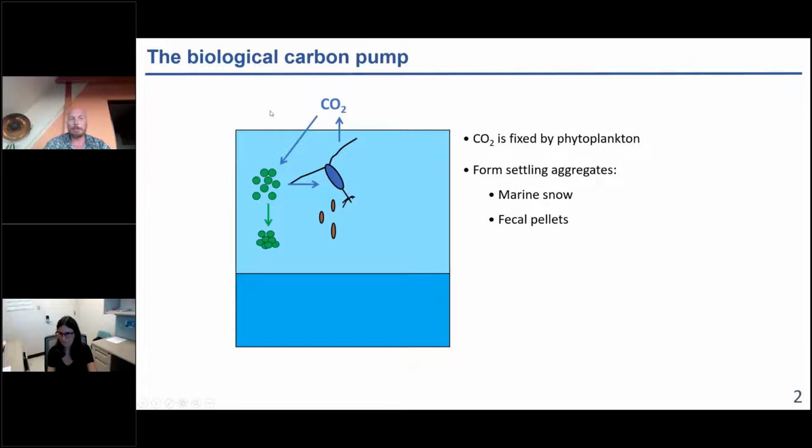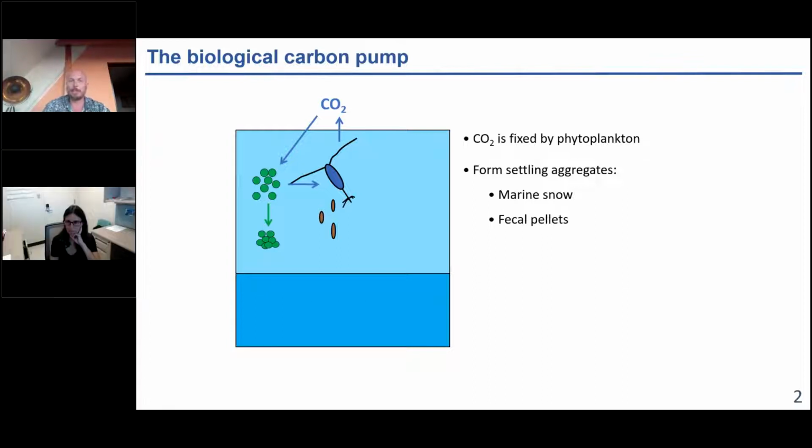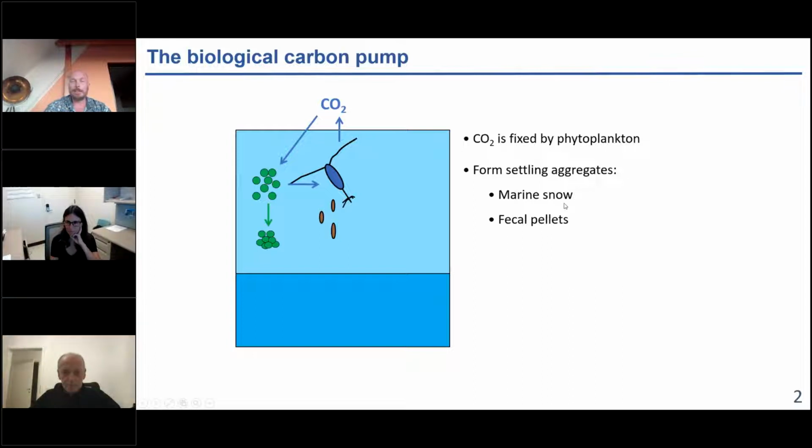But when we talk about the carbon pump, we are more interested in the particles or aggregates that are formed, and we put it down to the most simple forms of aggregates. One is clusters or aggregates of phytoplankton, which we tend to call marine snow, even though marine snow is defined by being bigger than 0.5 millimeter.